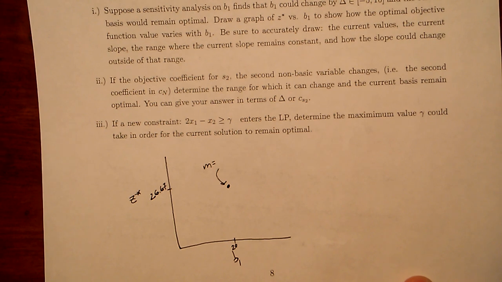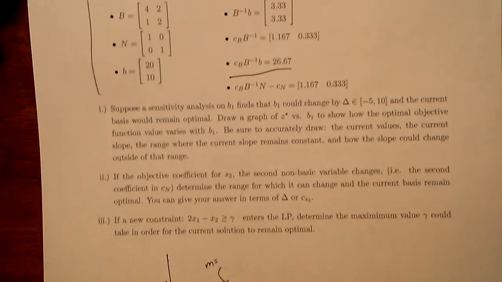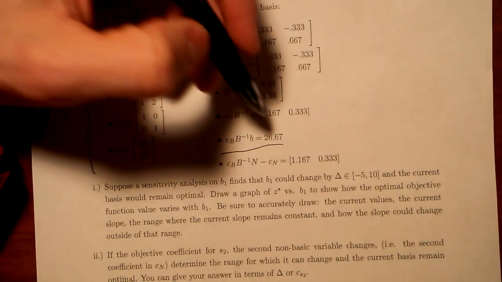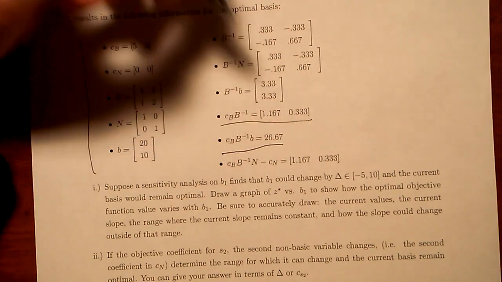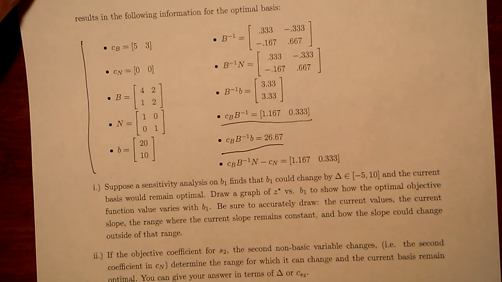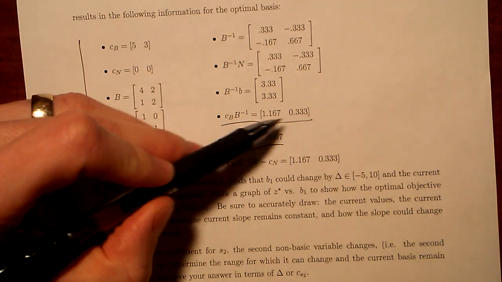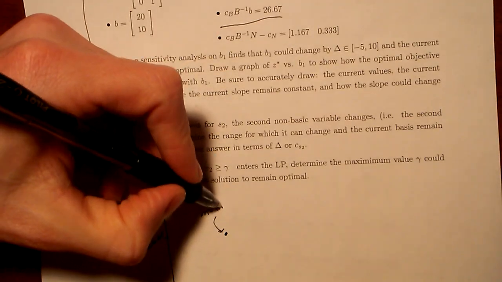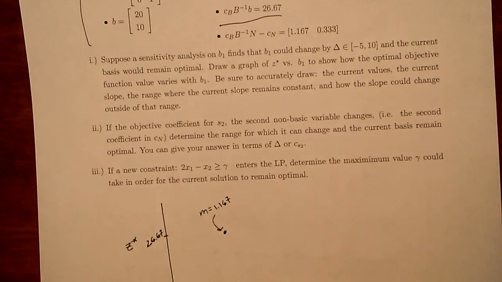Now, again, you could have done a lot of work to calculate that, or you could have known that shadow prices in an optimal tableau are given by, at least for a maximization problem, C sub B, B inverse. So these are the two shadow prices for the first and second constraint. So the slope of this function is going to be 1.167.